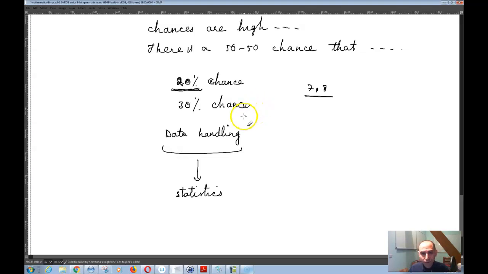And the way to deal with numbers is of course statistics. So if you want to understand probability, of course you do need to understand statistics as well. So that's basically that.